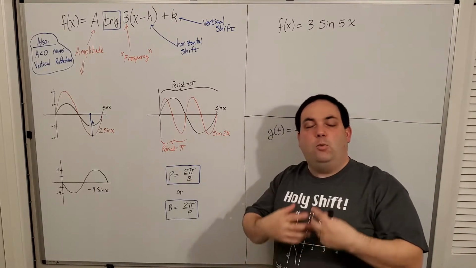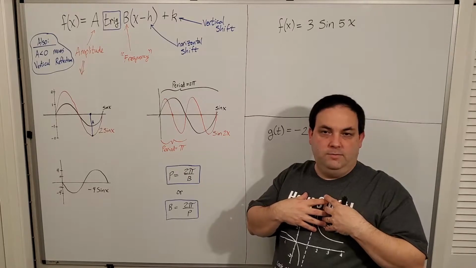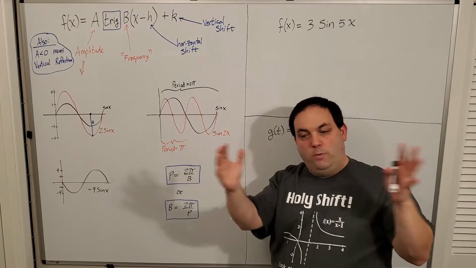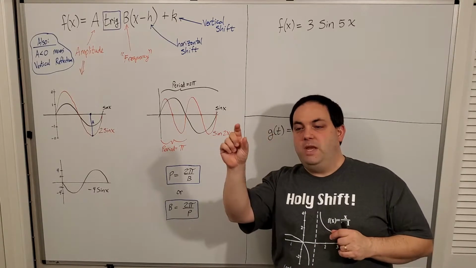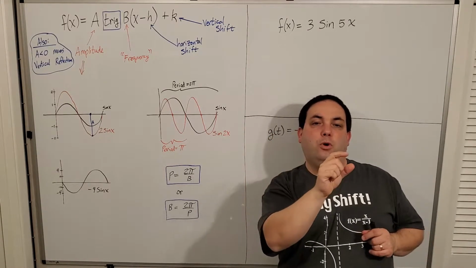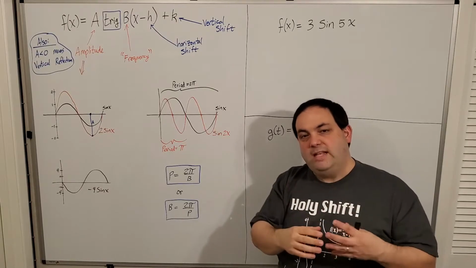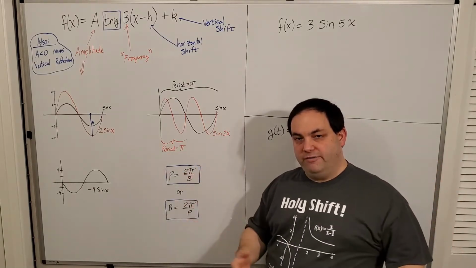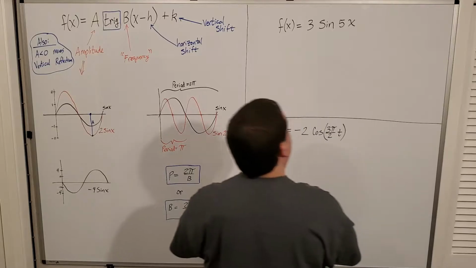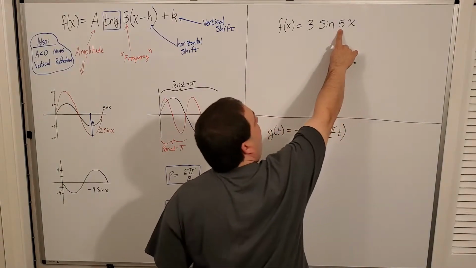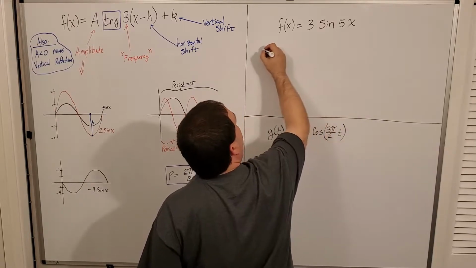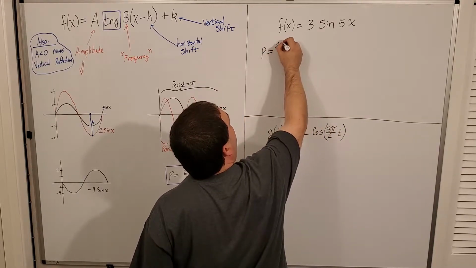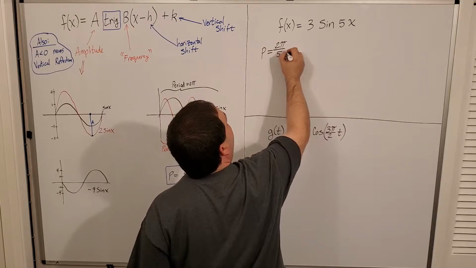Then I calculate what I call the quarter period. Basically, I'm just splitting one period into 4 pieces. And that gives me the little marks that I want to put on my x-axis. And then that's where I start building my graph. So here, this is how it goes. I'm noticing 5 is my frequency here. Okay? So my period is going to be 2 pi divided by 5.